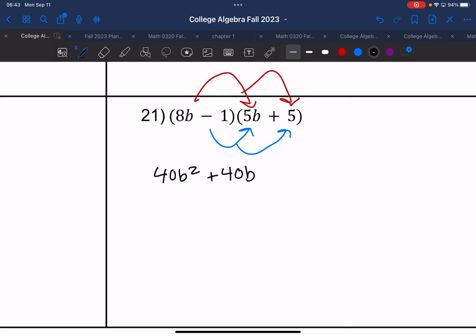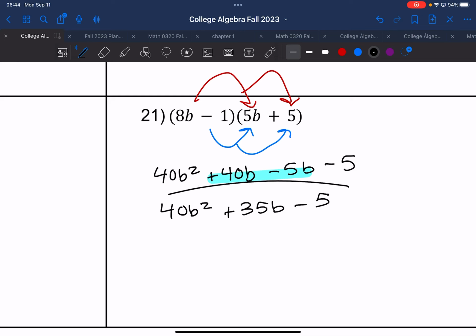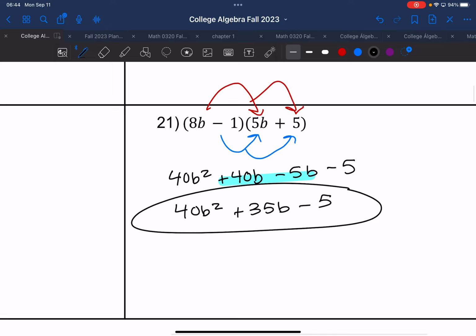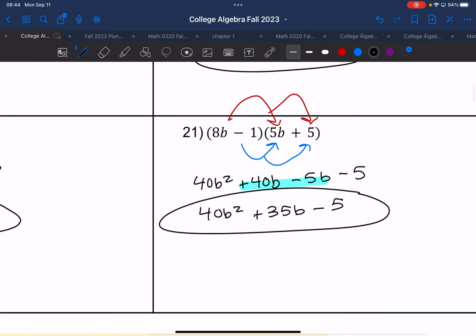So -1 times 5b is -5b. -1 times 5 is -5. Combining our like terms, we get 40b squared plus 35b minus 5. Any questions on the FOIL method?